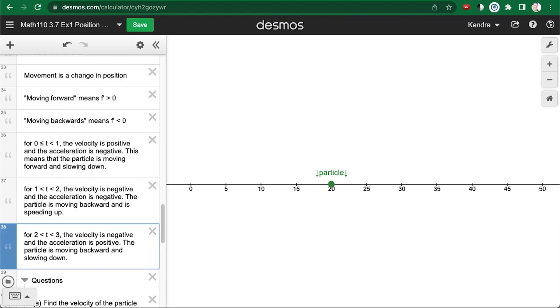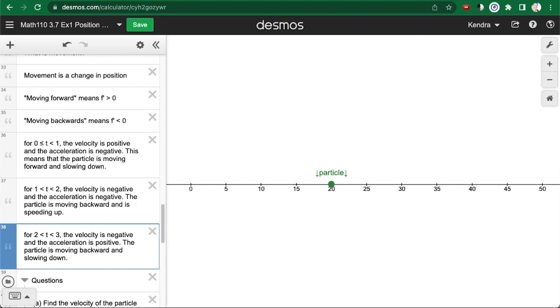So keep in mind the velocity is really a speed plus a direction, okay? So when I say the velocity is -2, for example, in this case, our time unit is in seconds and the position unit is in meters. So if the velocity is -2, that means the particle is moving backward at a rate of 2 meters per second.